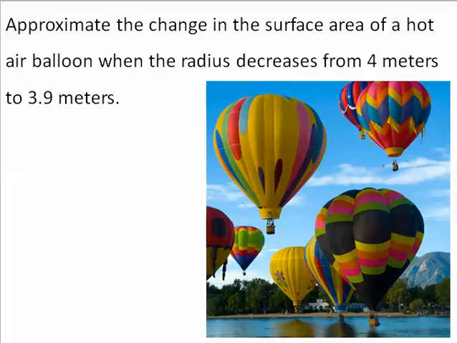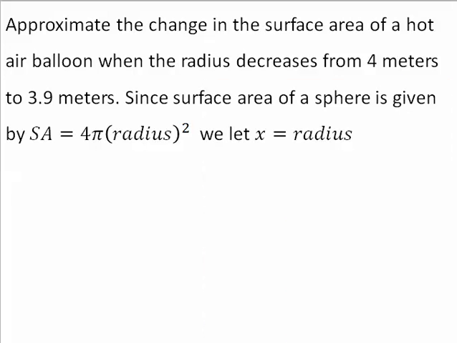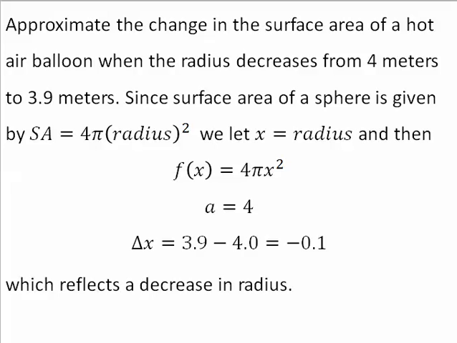Approximate the change in the surface area of a hot air balloon when the radius decreases from 4 meters to 3.9 meters. Since the surface area of a sphere is given by 4 pi times the square of the radius, let's let x be the radius. Then our surface area function is 4 pi x squared.